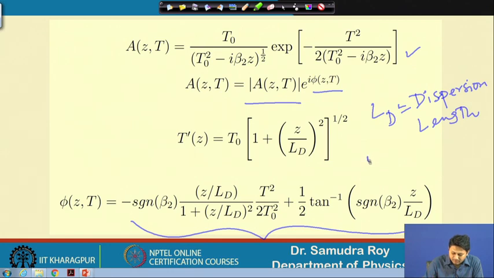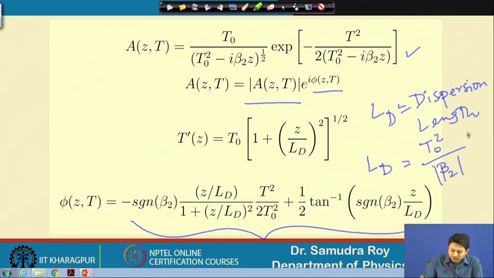LD is nothing but T0 square divided by the modulus of beta 2. This is the quantity we call LD, and everything is written in terms of LD. T0 is the pulse width at z equal to 0, and beta 2 is the dispersion coefficient.